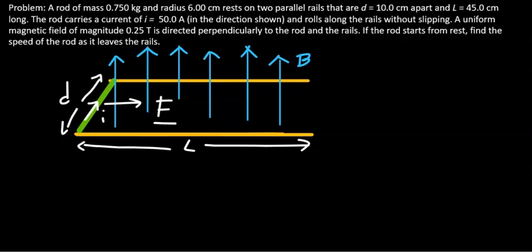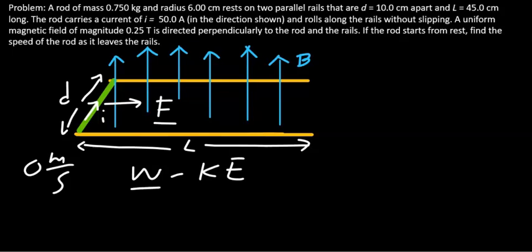So this magnetic force will start to push that rod all the way from rest up until the end of the rail, at the point of which it would be moving with some speed v. We want to determine that v. What we need to apply is the work-kinetic energy theorem here.